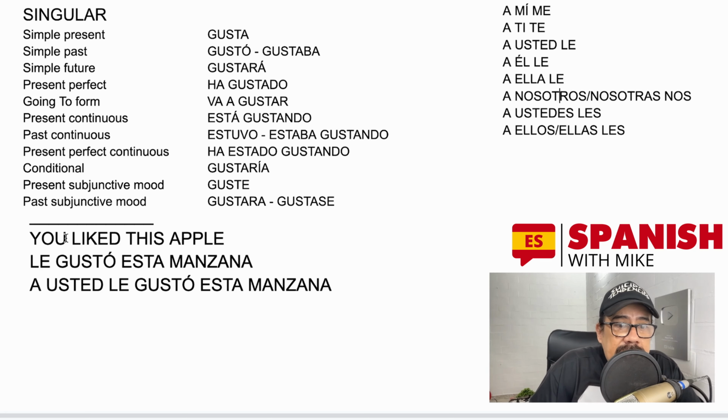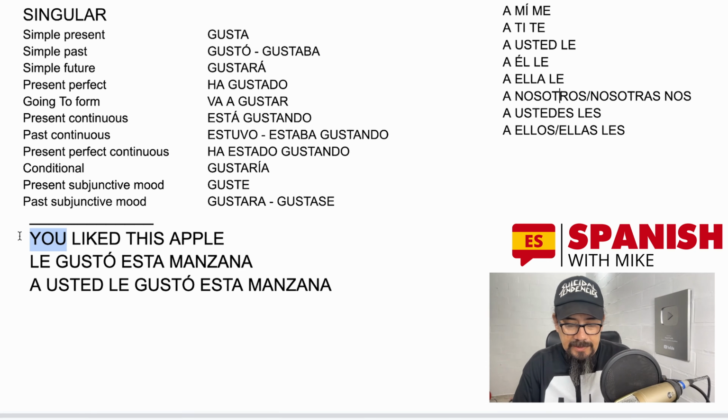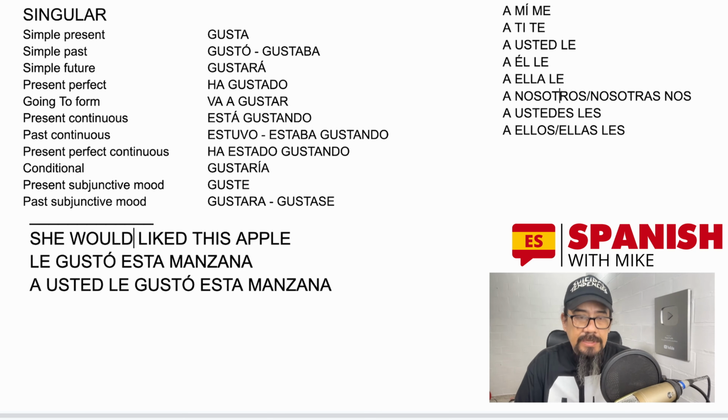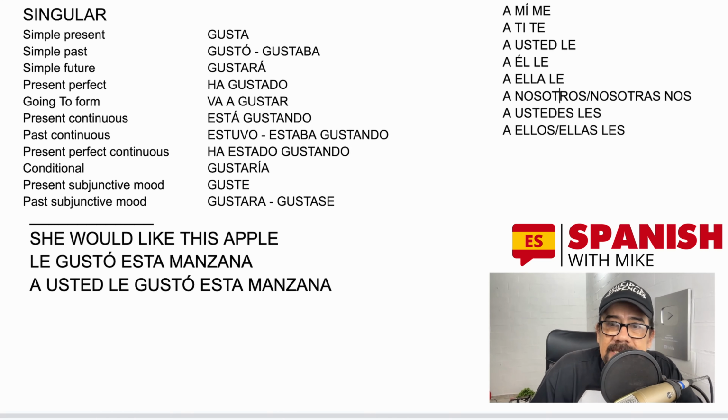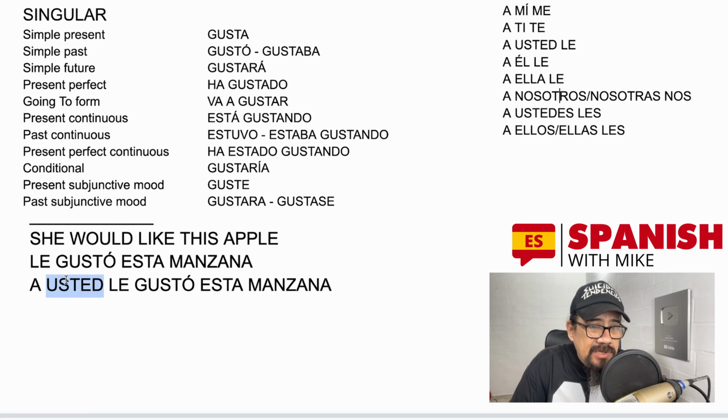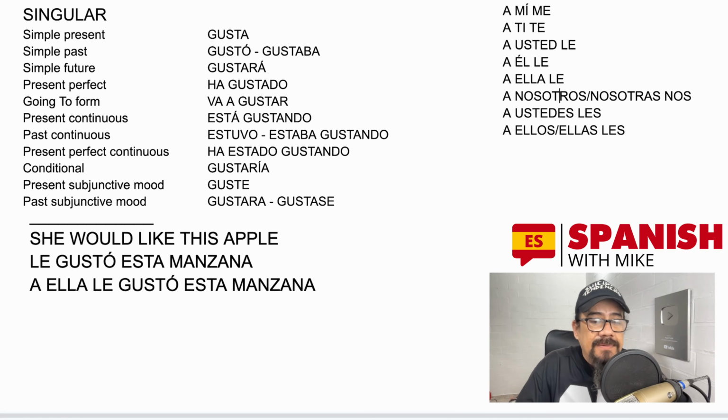If I'm going to use, let's say, she would like this apple. Let's check. So she would be a ella le, right? Le doesn't change, or a ella, because it's she.